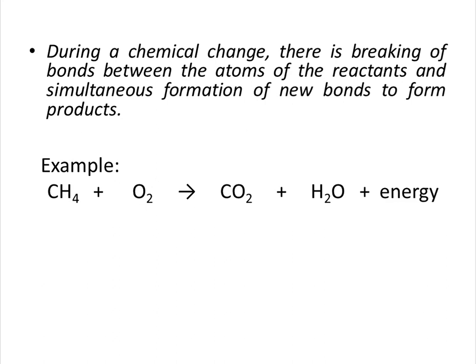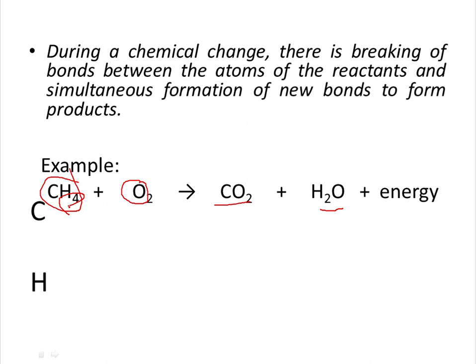Let's take an example to understand this. Say methane is burning. CH4 is methane, and say it is burning with oxygen to form carbon dioxide and water vapor, right? So how does this conversion take place? This conversion takes place by a very simple method, that is, when we give ignition temperature to it. When we give ignition temperature to methane, then what happens?